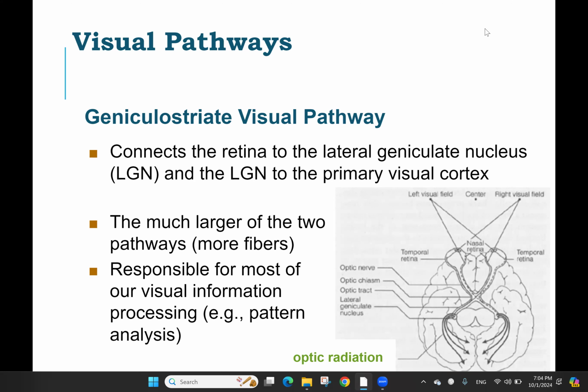Today we're going to spend a lot more time on this pathway and talk about how visual input gets transformed from one stage to another stage.